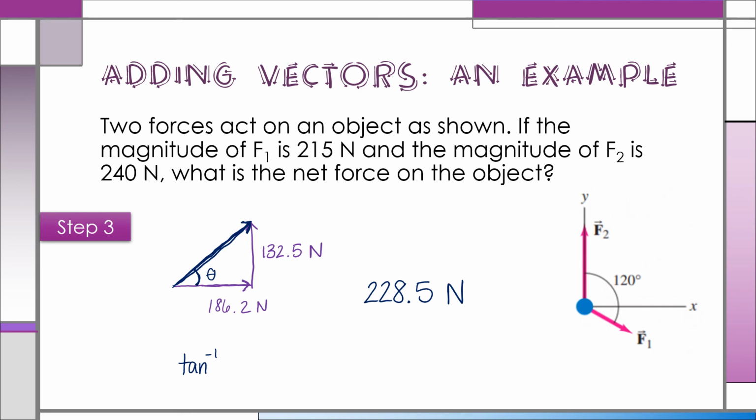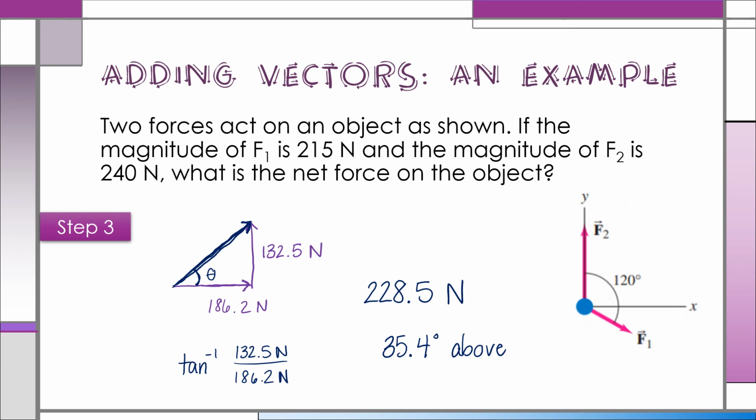And when we're doing inverse tangent, we're doing opposite over adjacent. So 132.5 newtons divided by 186.2 newtons. And when I do that, I find that my angle is 35.4 degrees.